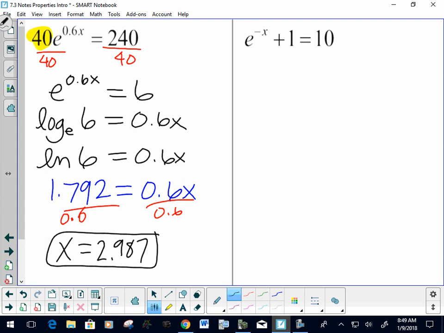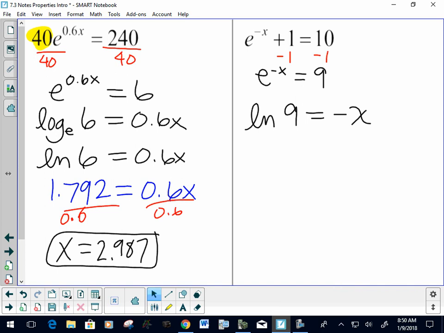All right, this last one, we need to get that exponential by itself. So our first step is going to be to subtract 1. So we have the equation e to the negative x is equal to 9. So if we rewrite that as a log equation, we have a natural log, because it's base e, of 9 is equal to negative x.